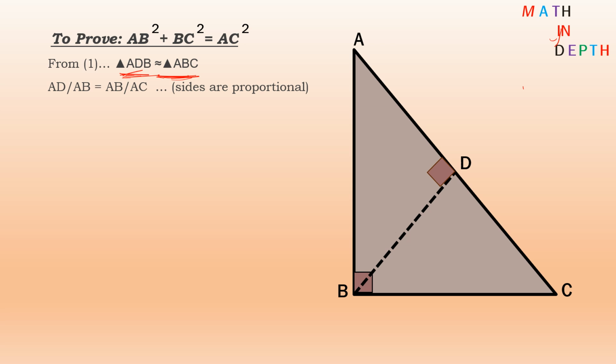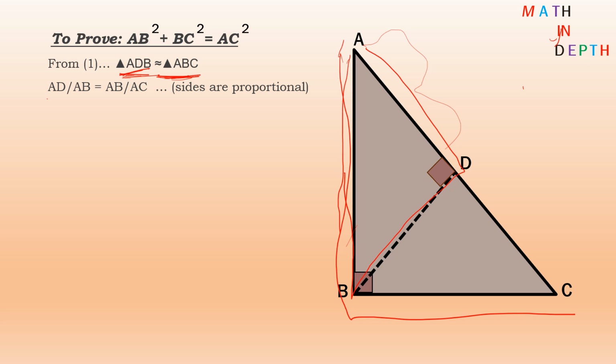So here, I said already that corresponding sides are in the same ratio. We have taken here ADB and ABC. This is the triangle ADB, and the bigger triangle ABC.